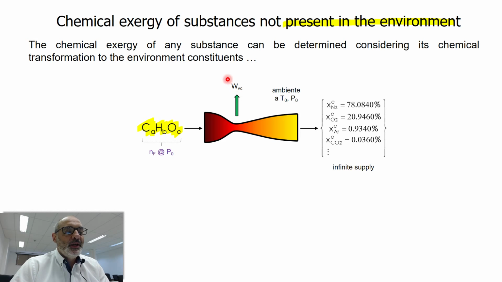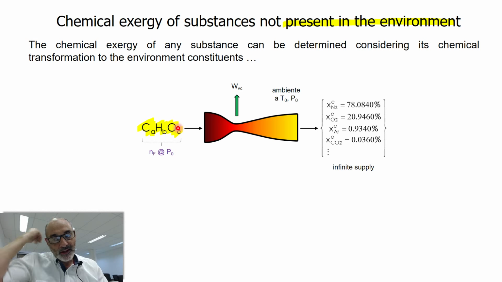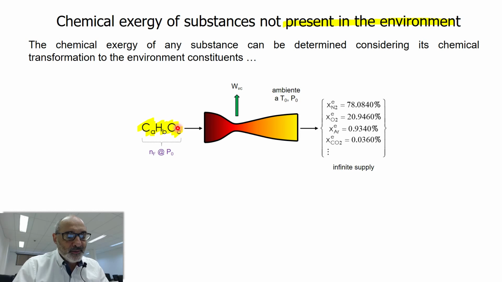I can generate work from this process. I know already that the maximum amount of work is going to be its chemical exergy. But I also have to consider the environment, because the process is taking the differences, all kinds of differences, from the original state to the environment, both in terms of pressure and chemical composition.